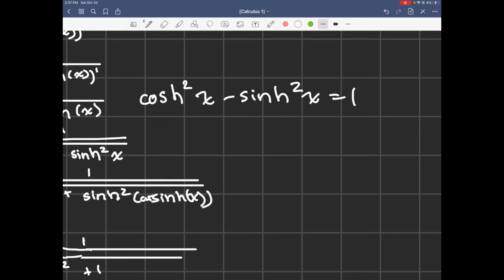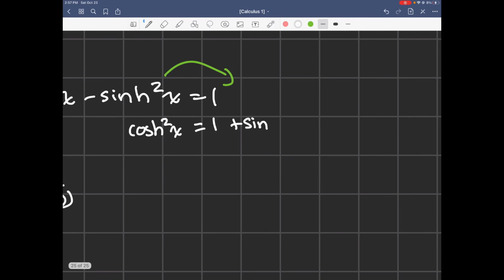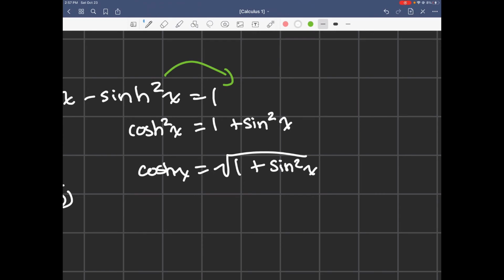This hyperbolic identity is like the normal trig function, it's just a little bit harder to learn. I can move this one here, and then I get cosine squared x is equal to 1 plus sine squared x. And then I could take the square root of that, and then I get my answer, which is the square root of 1 plus sine squared x.